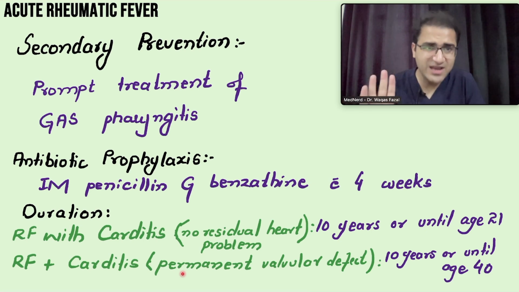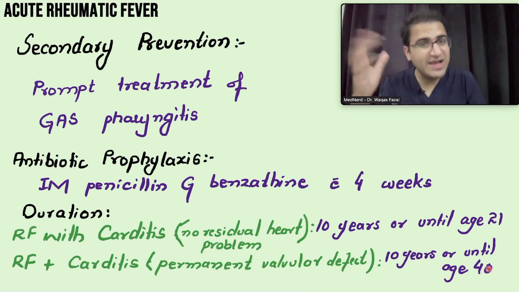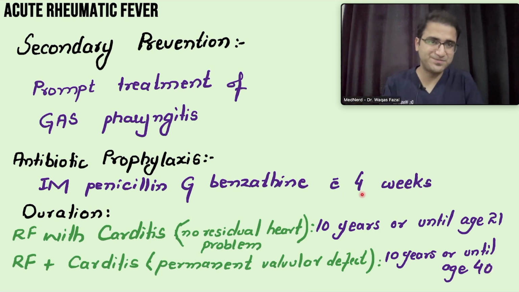These patients are at high risk. Therefore, in such patients, benzathine penicillin is prescribed for 10 years if the patient is an adult, or until age 40 if the patient is a child, or in some cases even for lifetime if there is a high risk.